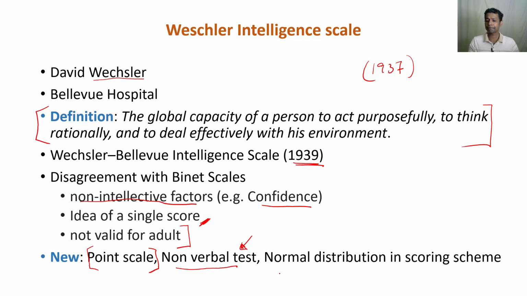He included a scoring system based on a normal distribution, the deviation IQ. He used 100 as the mean and 15 as the standard deviation, and converted every score to this pattern, a normal distribution.